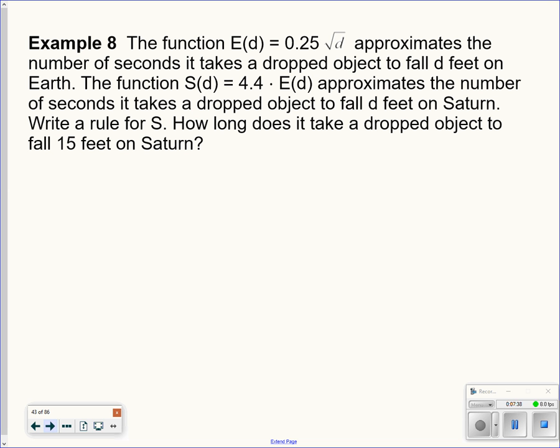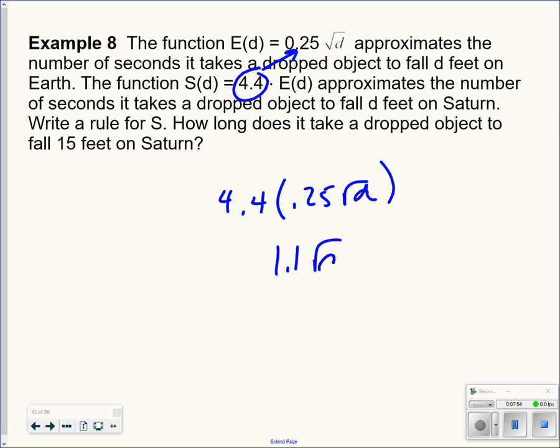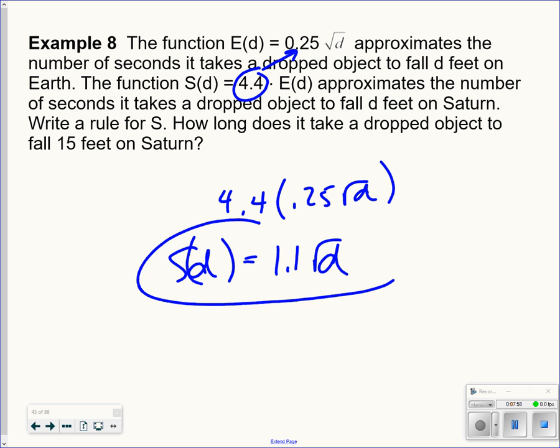So again, basically they want to do a vertical stretch of 4.4. So 4.4 times 0.25 square root of d. So 4.4 times 0.25 would be 1.1 square root of d. So this is the new function for Saturn.